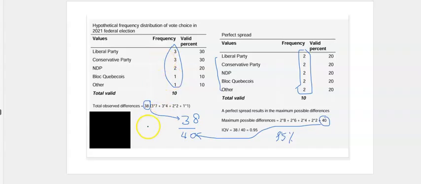Now, how can you calculate that? First you observe the differences. The first is 3, and then you can see the other possibilities, 3, 5, 3, 2, and so on. So you put that, and the second one, the Conservative Party, is 3, and now you have only 2, 1, 1.